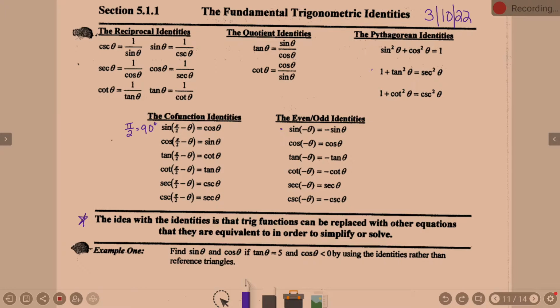Could we do one of the Pythagorean identities? We could do a Pythagorean identity again. Based on the fact we know sine, we could definitely do the top Pythagorean identity, right? Sine squared plus cosine squared equals 1. What's the other Pythagorean identity we could technically do if we wanted to? You could technically take the reciprocal of sine, and you could do the cosecant squared equals 1 plus cotangent squared.